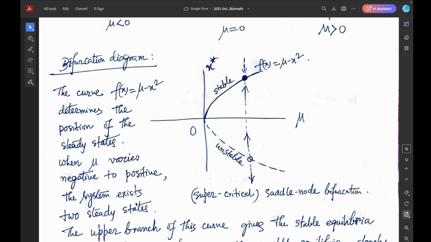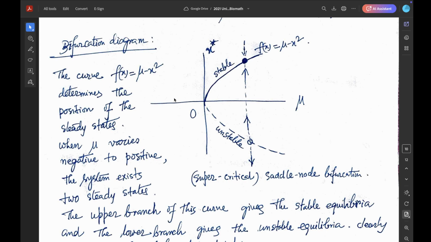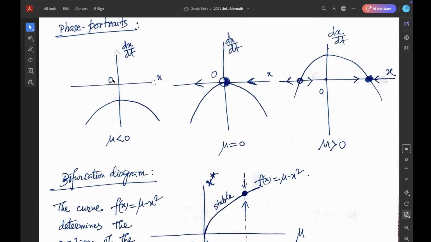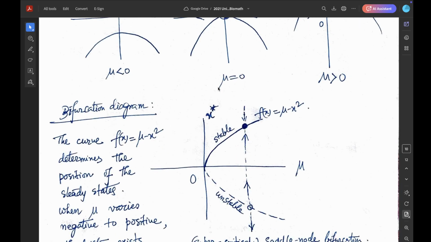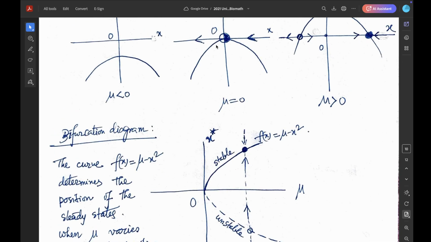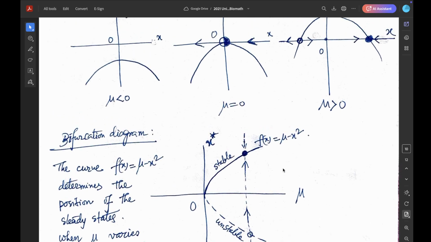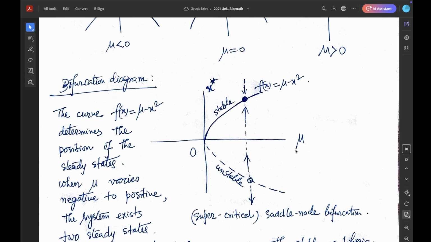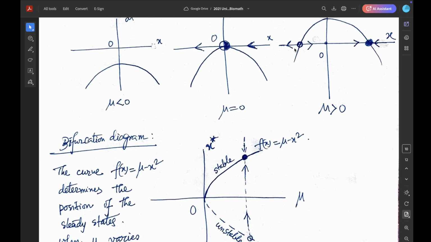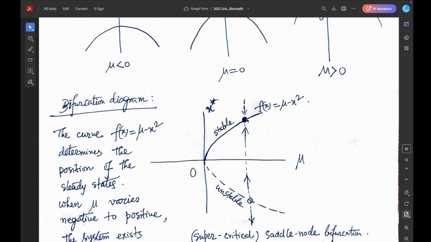For negative mu, there is no equilibrium point, and for mu equal to 0, there is only one critical point, this x star equal to 0. And when mu is greater than 0, we get two critical points, this and this. This is the positive critical equilibrium point, and this is the negative critical point.